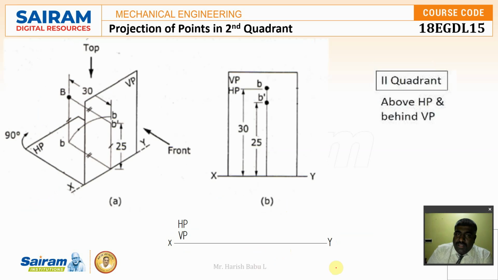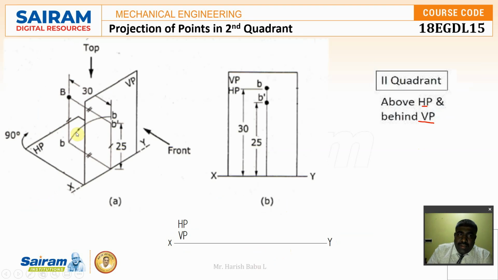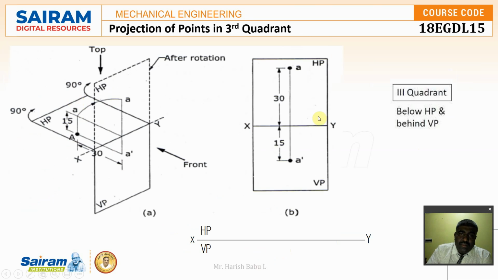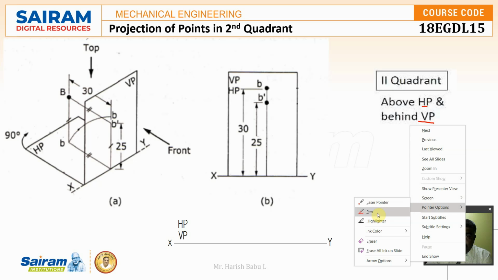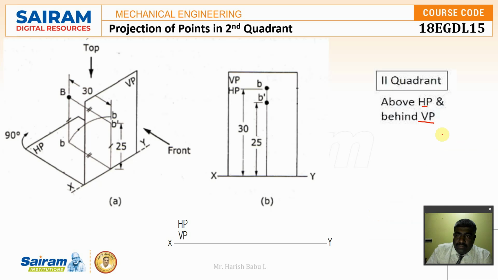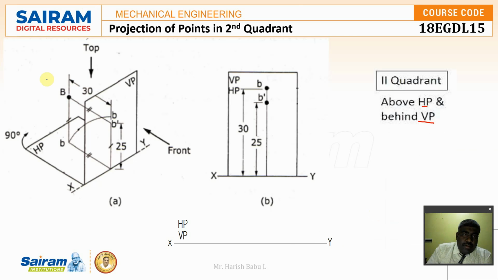Coming to the second quadrant. So the second quadrant definition is above HP and behind VP. So when I am going to take the object over here, so this is the object which is behind VP and above HP.